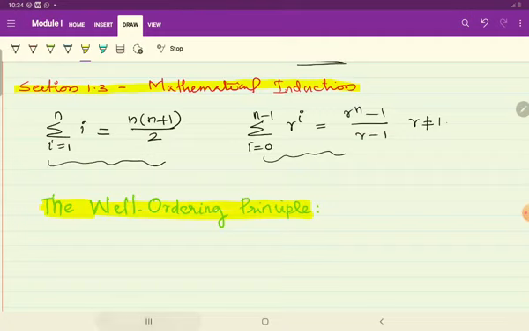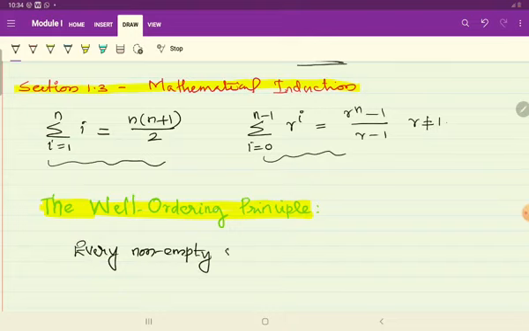The statement is that every non-empty set of positive integers has a least element. Non-empty means the set contains at least one element.